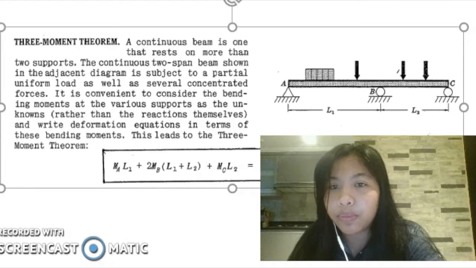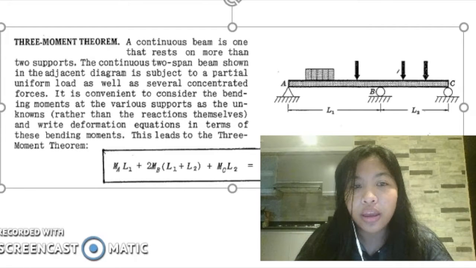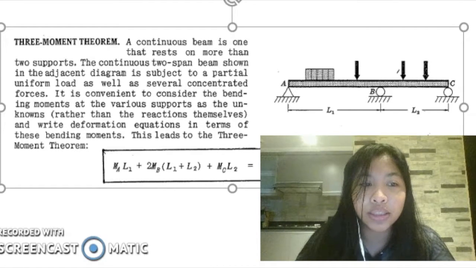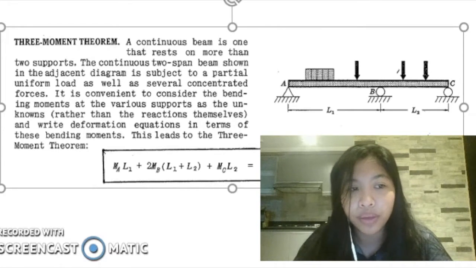A continuous beam is one that rests on more than two supports. The continuous two-span beam shown in the adjacent diagram is subject to a partial uniform load as well as several concentrated forces. In this equation, MA, MB, and MC designate bending moments at the supports A, B, and C respectively.